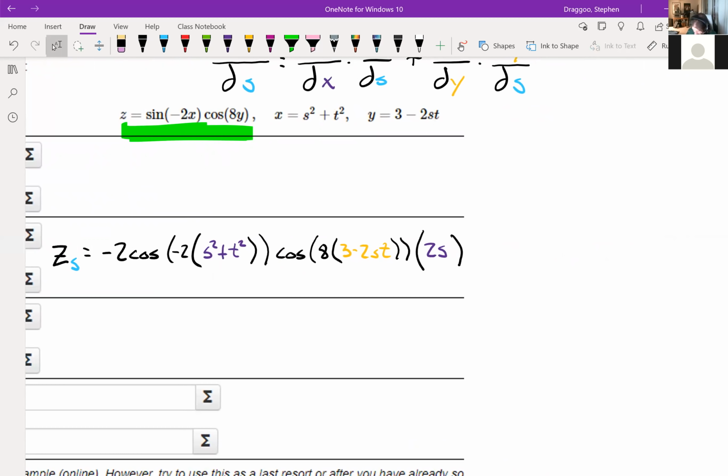This thing is kind of long, isn't it? Added to that, I need the derivative of z with respect to y, and then s. So this thing becomes -8 sine of -2 times that x thing, s squared plus t squared, times the sine of 8y.